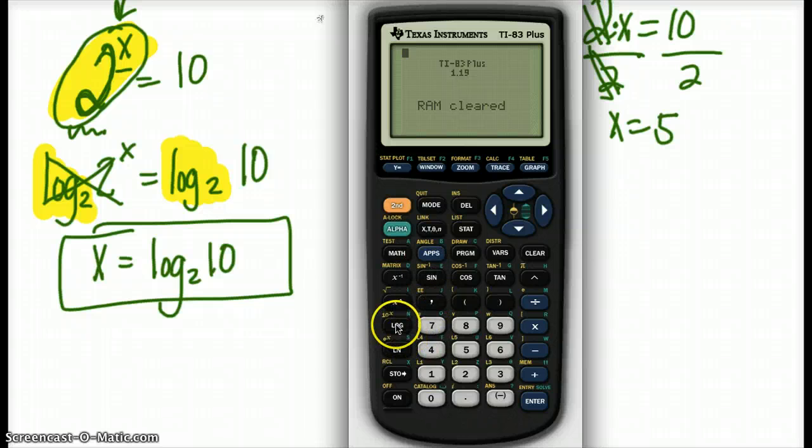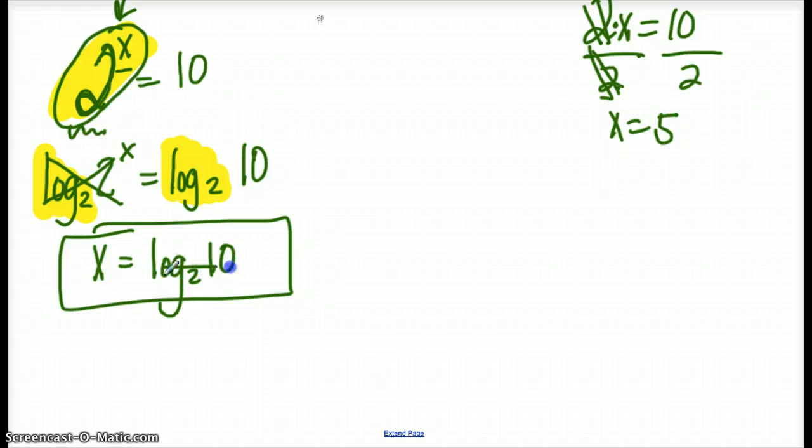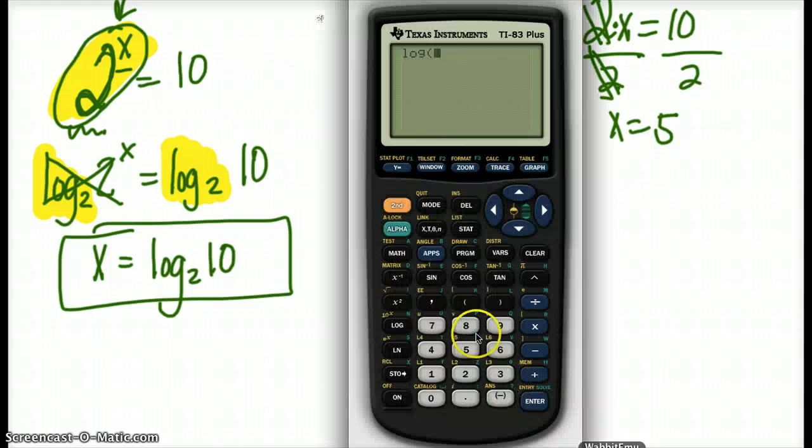There's a log key on your calculator. To get this number, you would hit the log button and do log of 10 divided by log of 2.